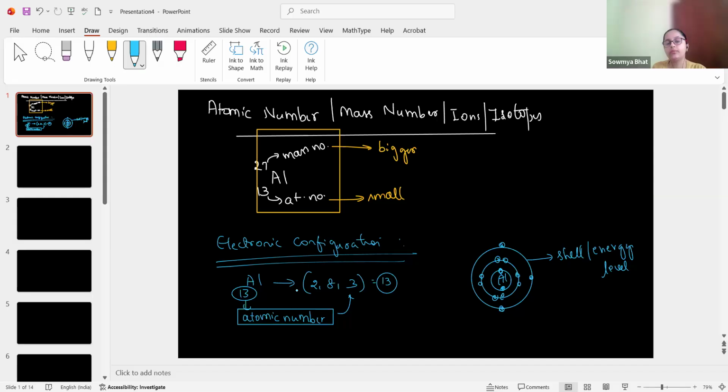Is this clear? Yeah, it's clear. Okay. If I say Cl 1 minus 17. So 1 minus is the electric charge and 17 is the atomic number, right? That's correct.